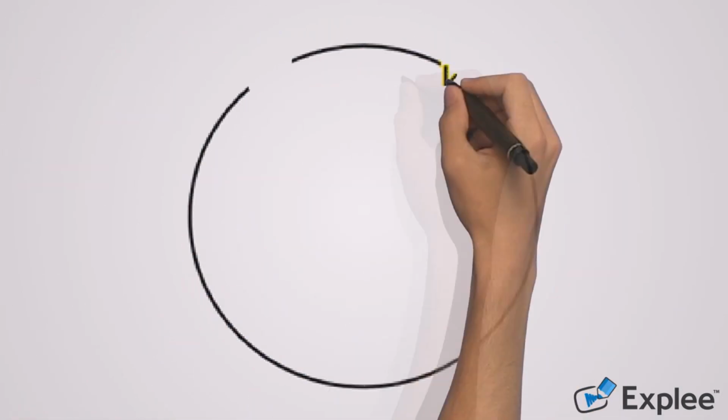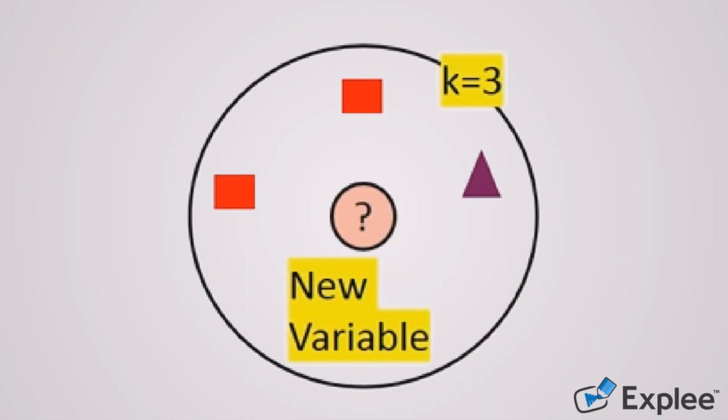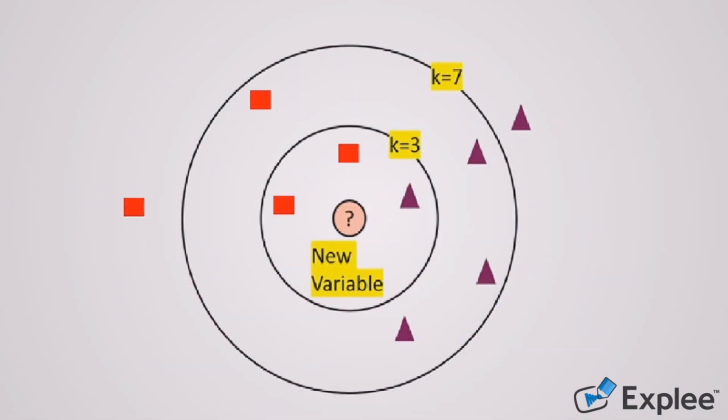For example, in this picture, we will try to identify if the unknown object is a square or a triangle. Now, if we use 3 as our parameter for k, we can identify our unknown as square, because the majority of its neighbors are square. But if we use 7 as our k, our unknown then becomes a triangle.